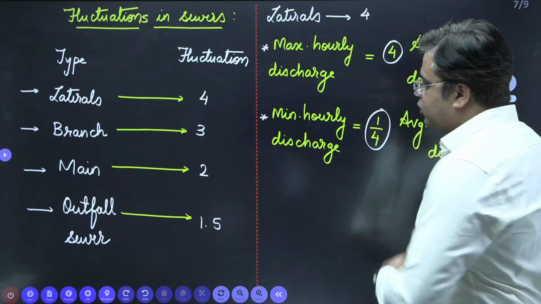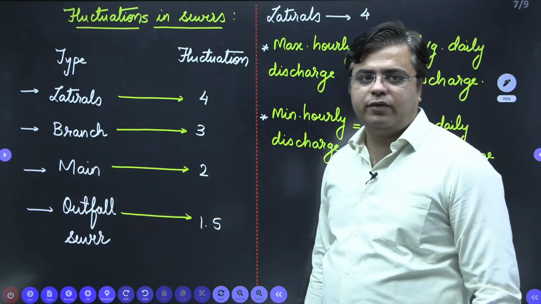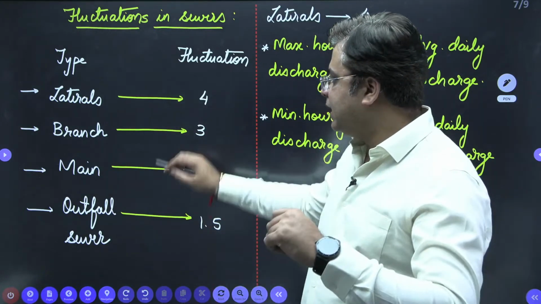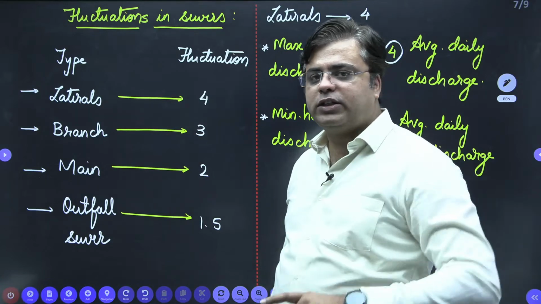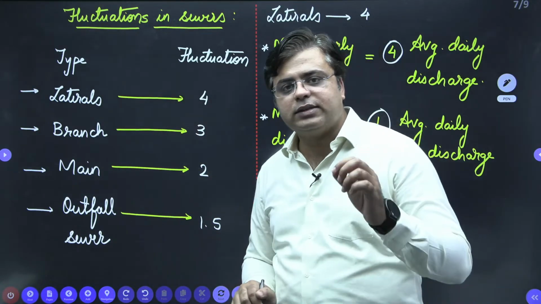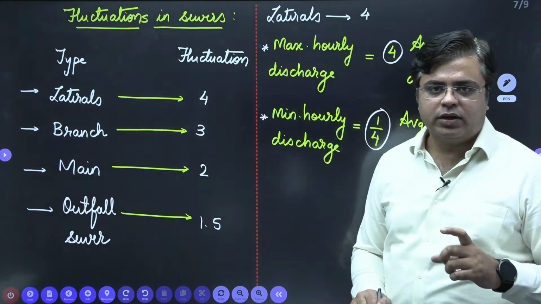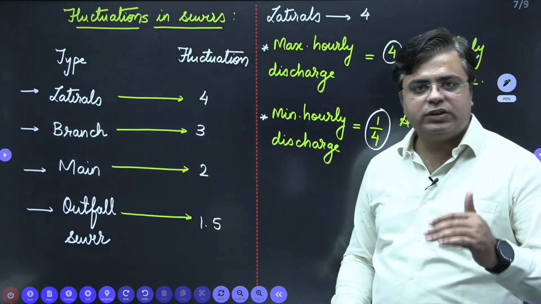Like that, you can use fluctuation for main sewer, which is 2, and outfall sewer, which is 1.5. Again, I'll remind you, lateral sewers are the sewers with least dimension. Therefore, fluctuation in lateral sewer is the highest. Outfall sewer is the sewer of largest dimension. Therefore, the fluctuation in the outfall sewer is minimum, which is 1.5.